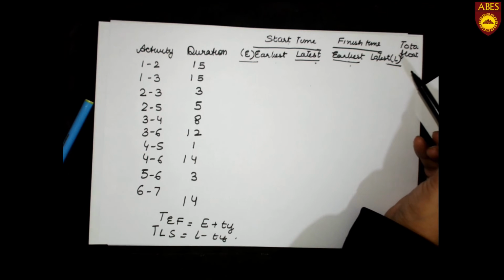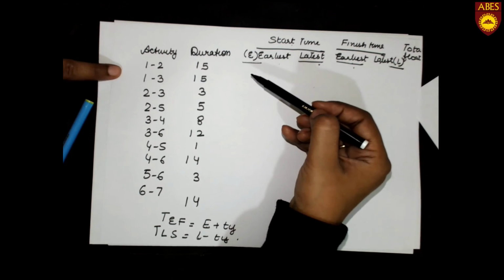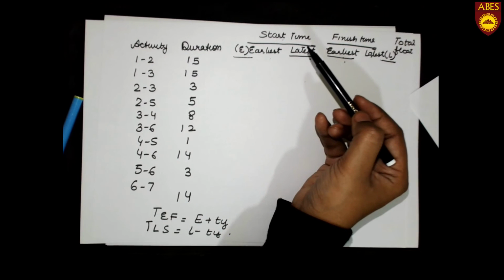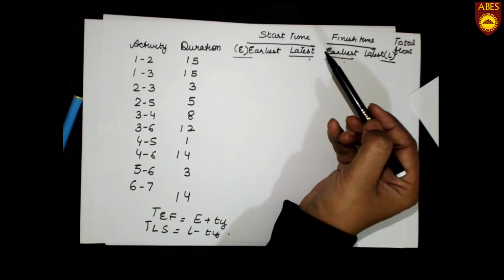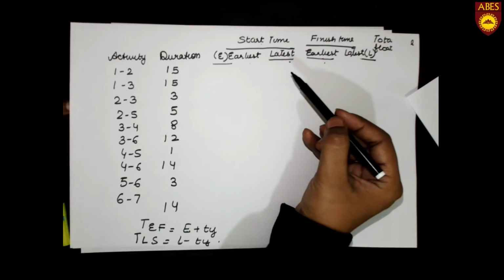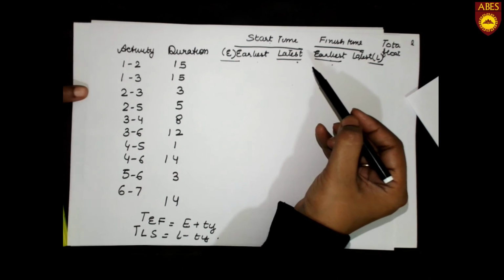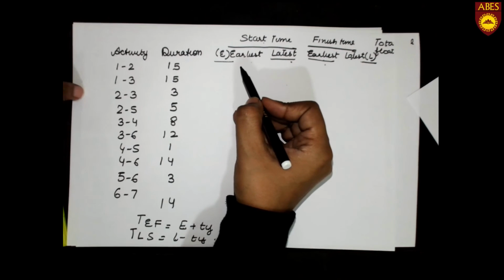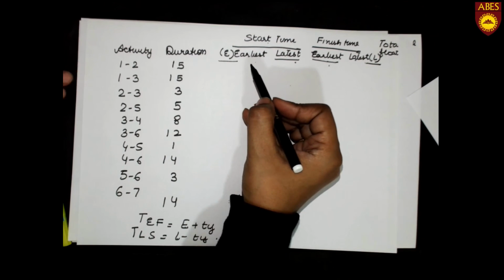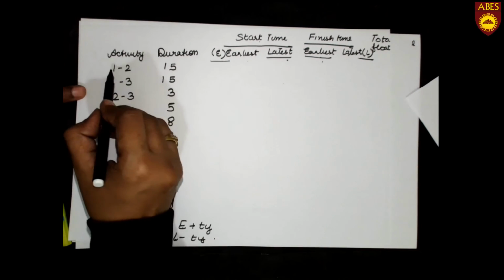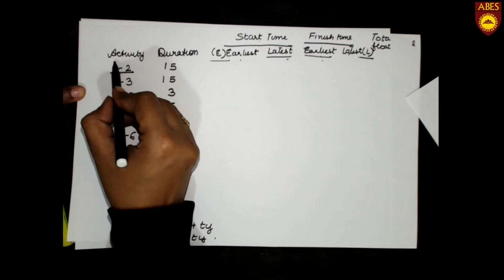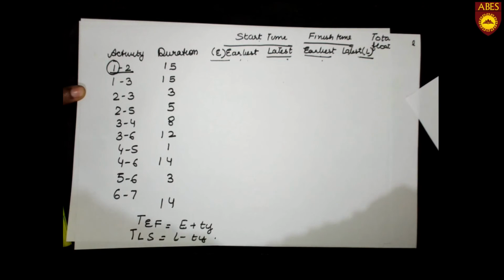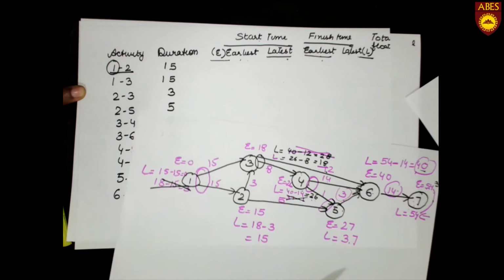So let's solve this problem now. Next is E. Okay, now there is a simple rule for it. For example, for the 1-2 activity, we take the earliest time of 1. Now I will take this diagram again. It will help us out.